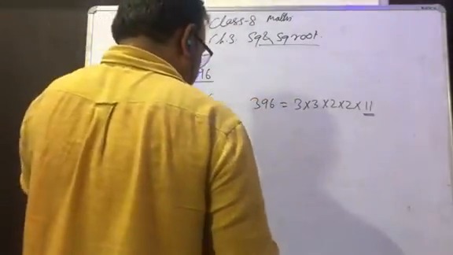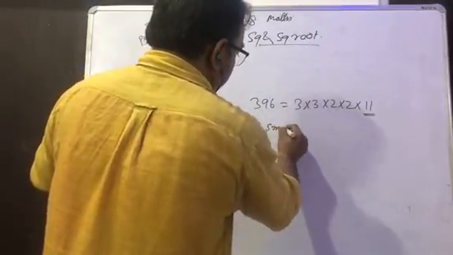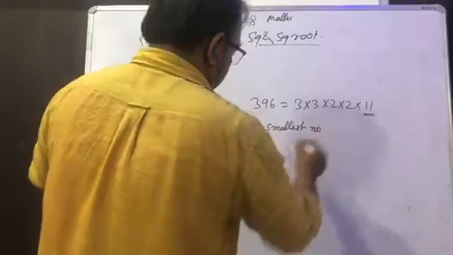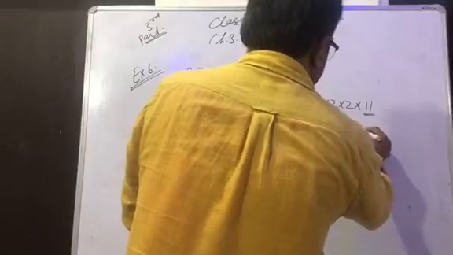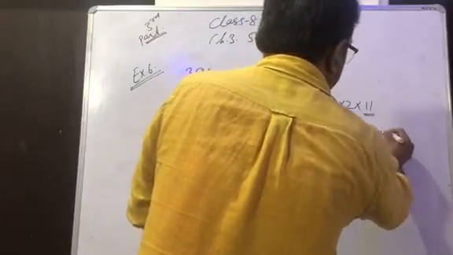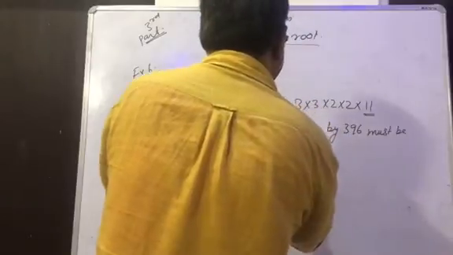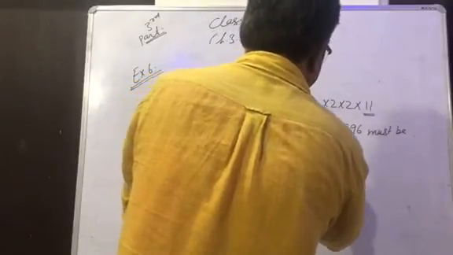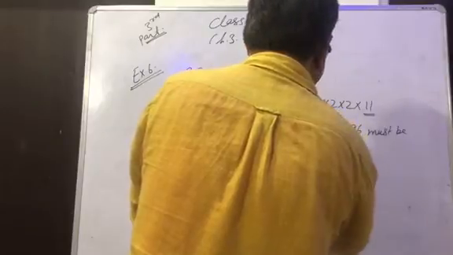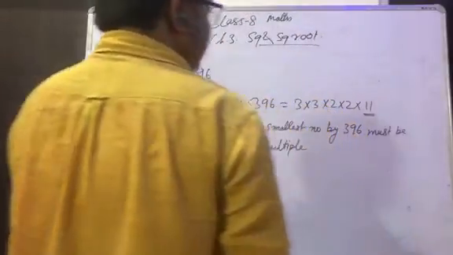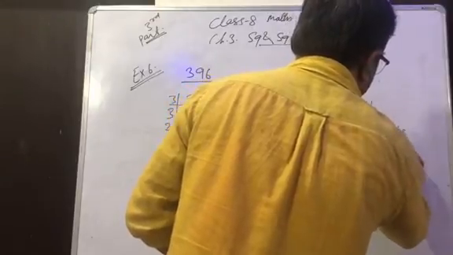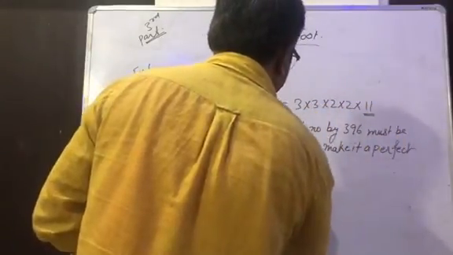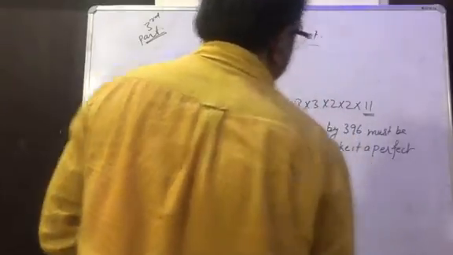It means the smallest number by which 396 must be multiplied to make it a perfect square is equal to 11.